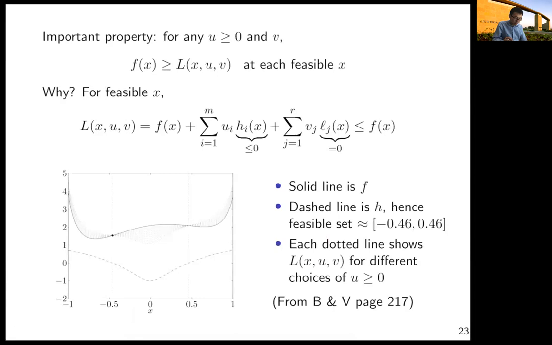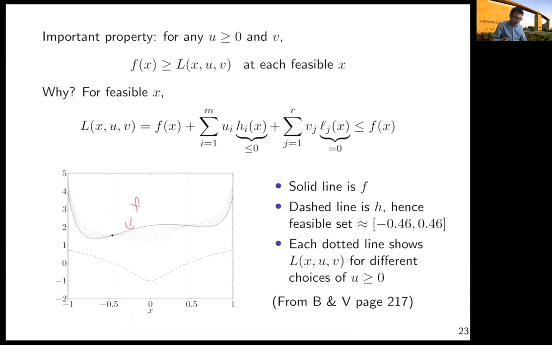Okay, so take this one as an example of how this actually applies to non-convex functions. In this figure, the solid line is f. You can see that this f goes up and then goes back down, so it's not a convex optimization problem.